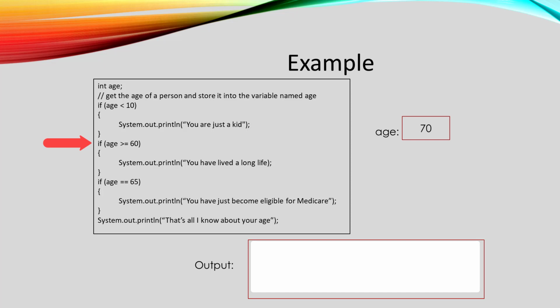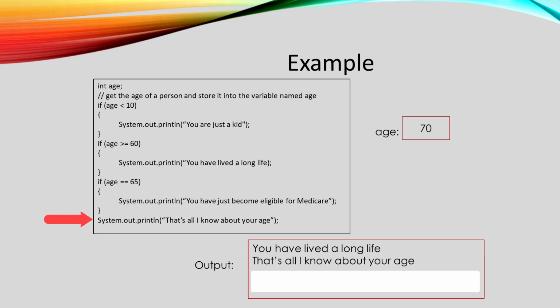Well, yes, 70 is greater than or equal to 60, so we print out you have lived a long life. Then it will compare age to 65. Is age equal to 65? No. So we skip the print line in that block, and we go to that last print line at the end and print that's all I know about your age.